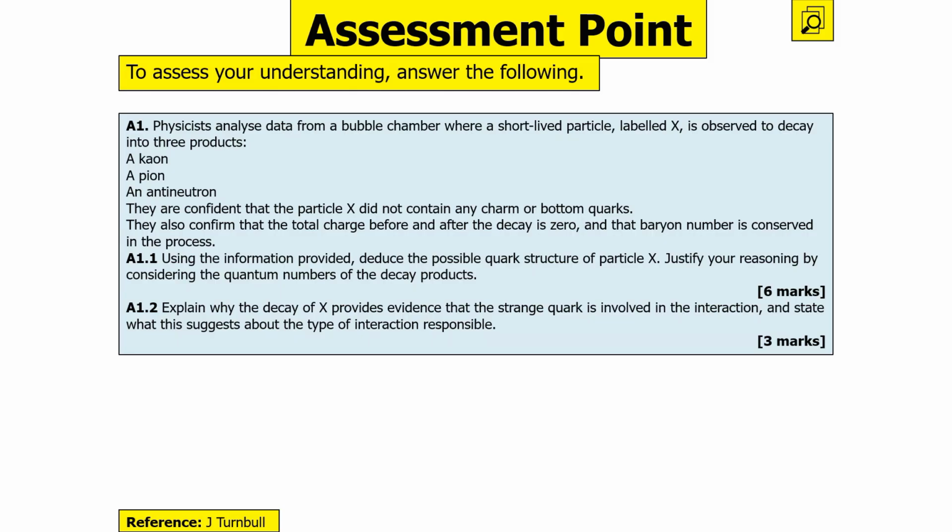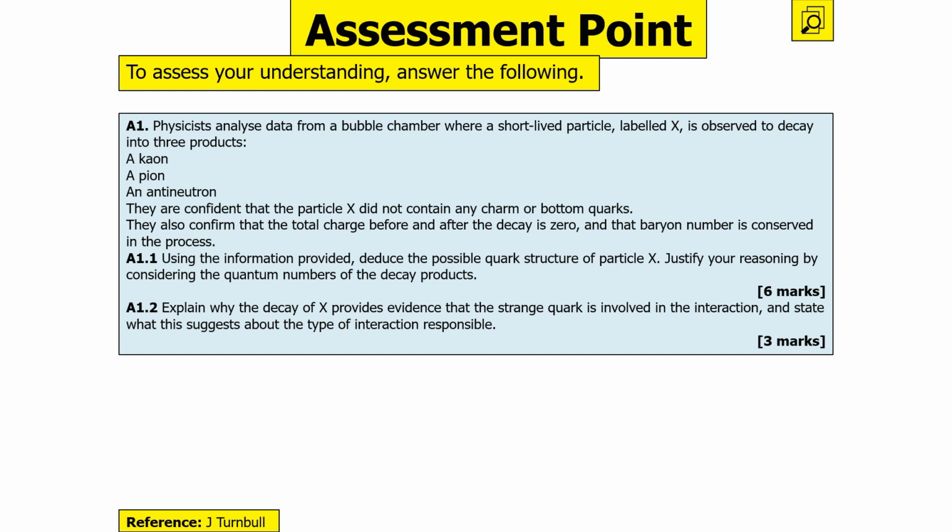To assess your understanding, answer the following. Physicists analyse data from a bubble chamber where a short-lived particle, X, is observed to decay into three products, a kaon, a pion and an antineutron. They are confident that the particle X does not contain any charm or bottom quarks. They also confirm that the total charge before and after the decay is zero and that the baryon number is conserved in the process.